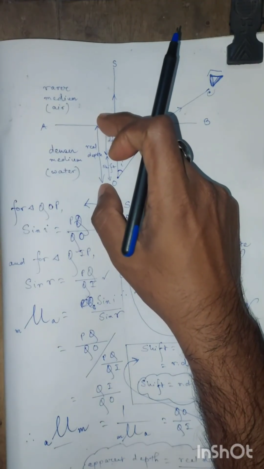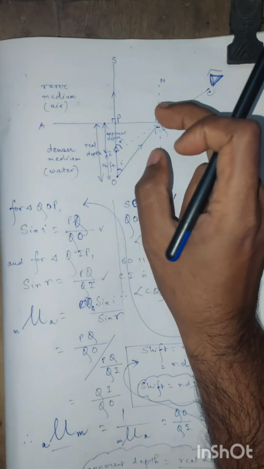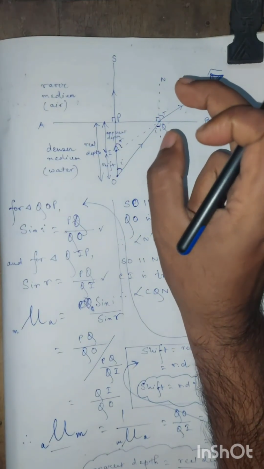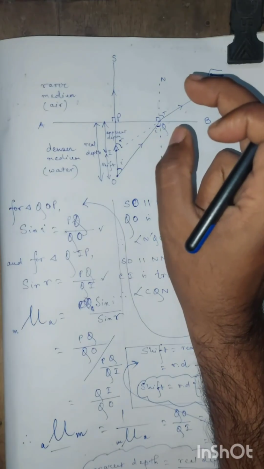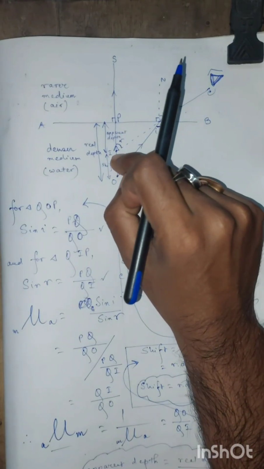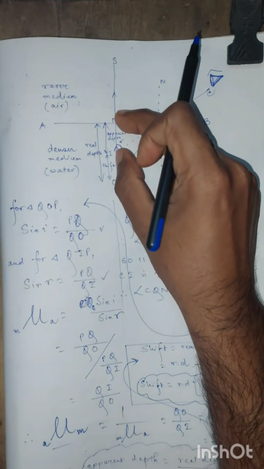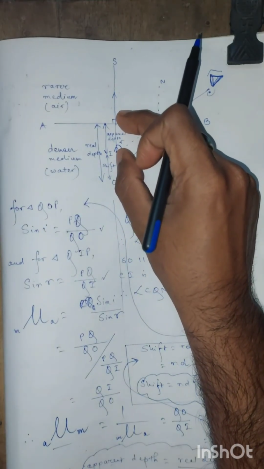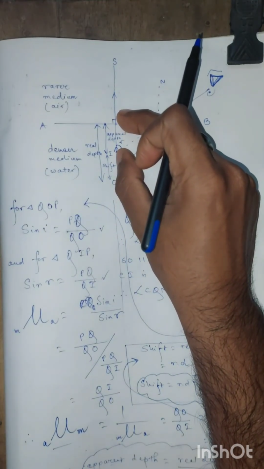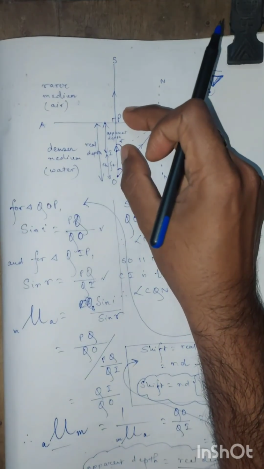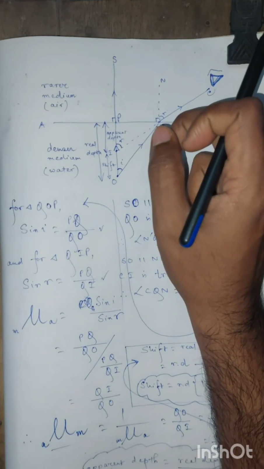But our eye will see the object at this position. So this depth is called apparent depth, PI. This is called apparent depth.